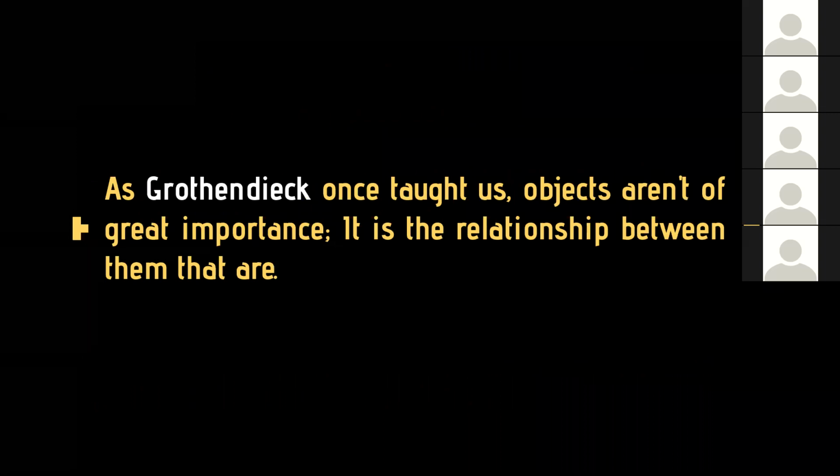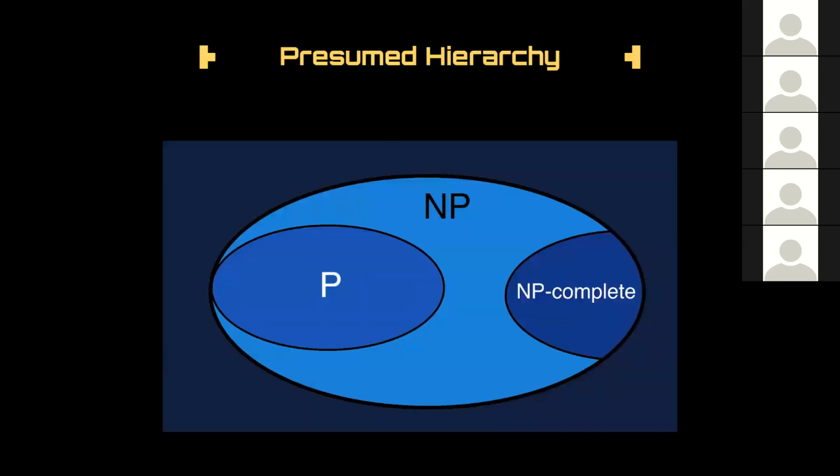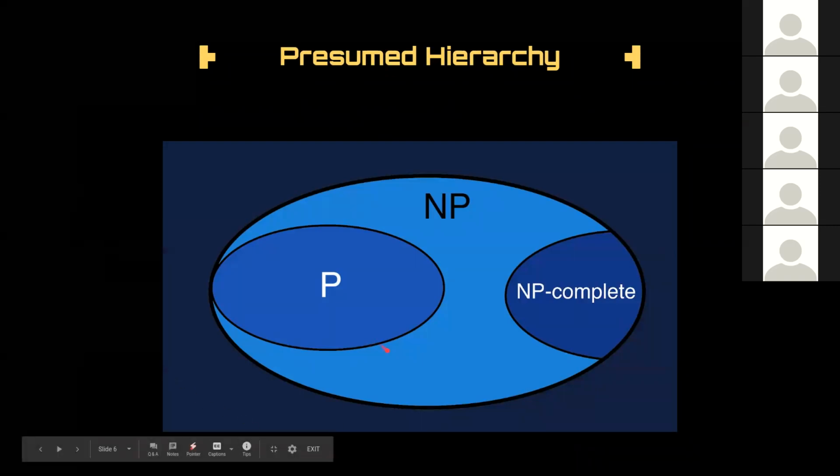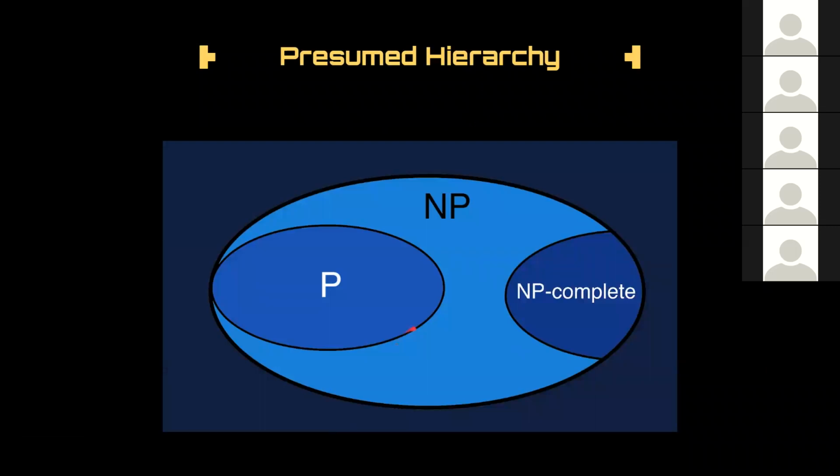There is not much use if you just classify problems into different groups without describing the relationship between their classes. So we will take an example and describe the relationship between P and NP. We know the problems which are in P are obviously in NP, because if you can solve a problem in polynomial time, then you can also verify the solution in polynomial time.